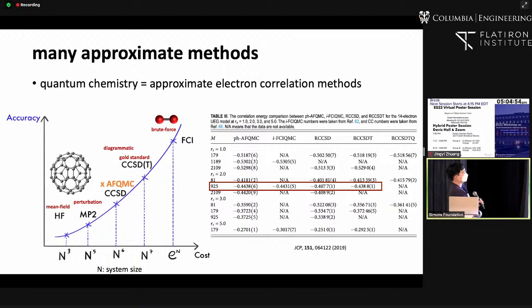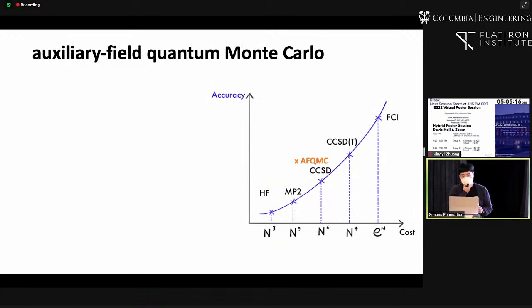So in some cases, we can do even better than CCSD(T), and that's why I'm particularly excited about this outlier. But for the remaining talk, I'm going to talk about how one can bring this point even upwards past the accuracy of CCSD(T), and that's what I'm going to be talking about.